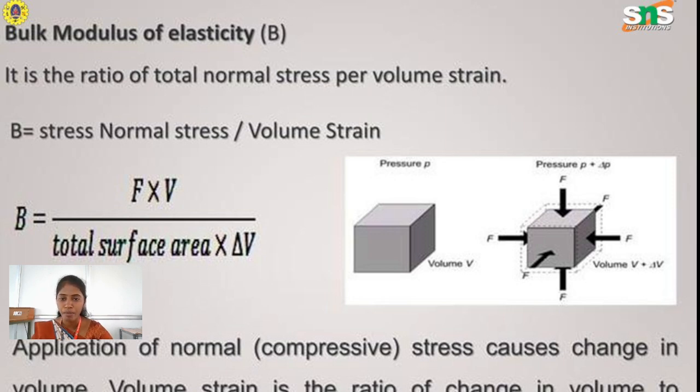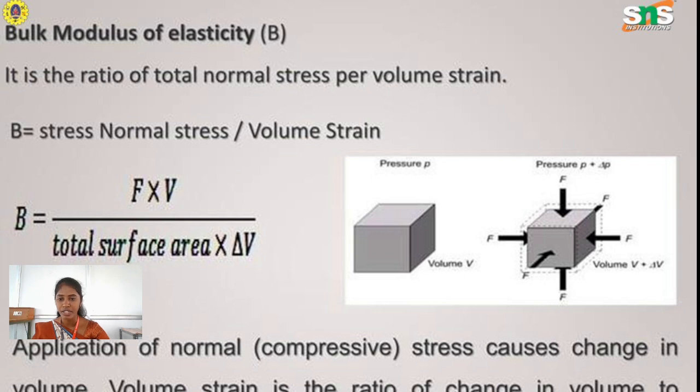The bulk modulus is indicated by the letter B. It is the ratio of normal stress to volume strain. So bulk modulus B is equal to normal stress by volume strain.